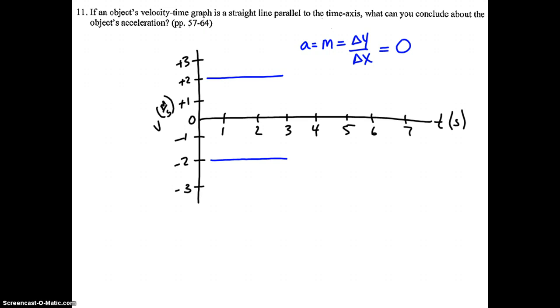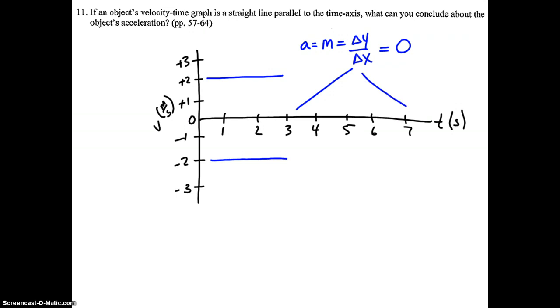One little other note here that I want to make, as long as we're here with this velocity time graph business, is that you can also tell something about the object given its line, whether or not the line is above the time axis or the line is below the time axis. So the other possible lines that we could see on this velocity time graph, or any velocity time graph, would be a positively sloped line.